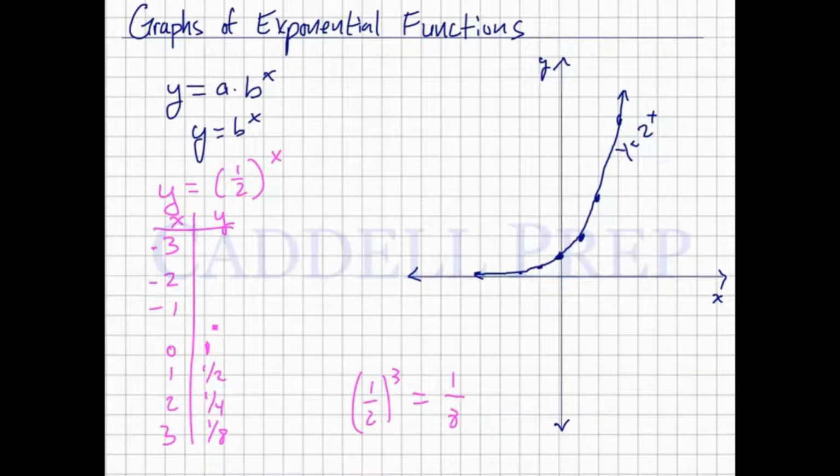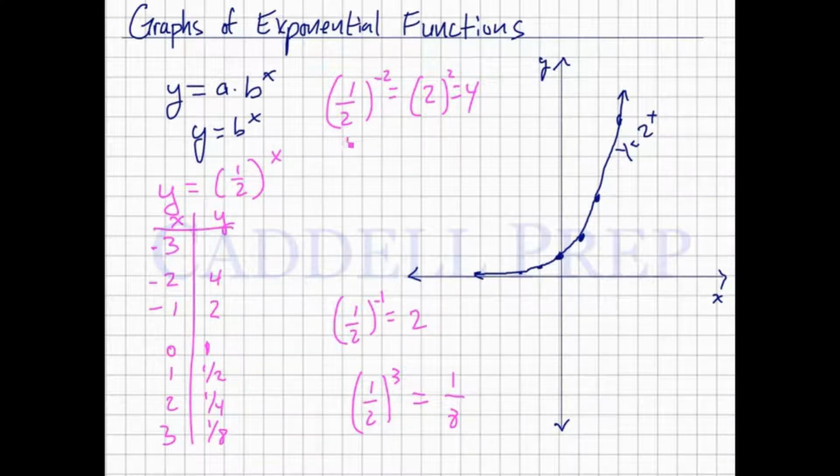Now let's go backwards. 1/2 to the negative 1, which is the reciprocal of this, which is 2. Okay, 1/2 to the negative 2. So the negative means reciprocal, so we really have 2 over 1, or just 2 squared, which is 4.